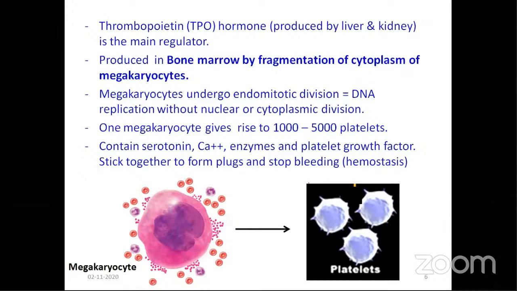This TPO regulates the synthesis of platelets by fragmentation of cytoplasm within the megakaryocytes, which undergo endomitotic division, that is, DNA replication without any nuclear or cytoplasmic division. Each megakaryocyte can give rise on average to approximately 2 to 3,000 platelets, or we can say a general range is 1,000 to 5,000 platelets.